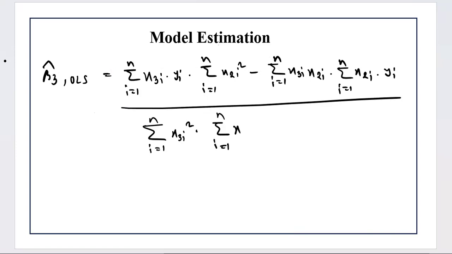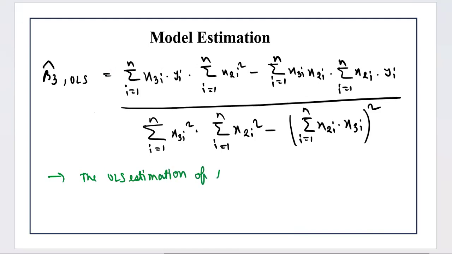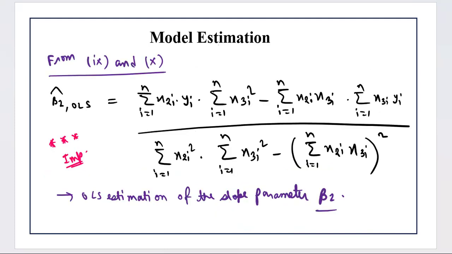In the denominator, you will see the same terms: x2i x3i, whole square, right? And this will give you the OLS estimation of the slope parameter beta 3, right? And this will be all about the estimation of OLS in the multiple linear regression model. So please remember this particular thing also.